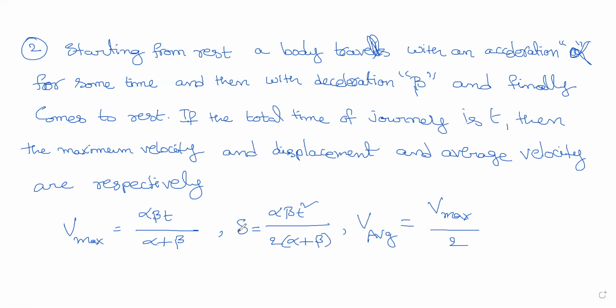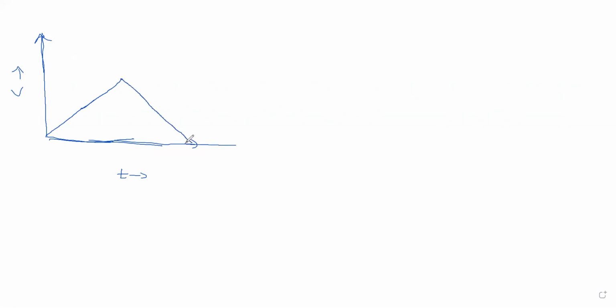Noted, sir. Okay, good. Now, for this, there is one graph also they have given. What is that graph? It is a velocity versus time graph. With an acceleration alpha, velocity has increased like this, and it has reduced like this with a deceleration beta.